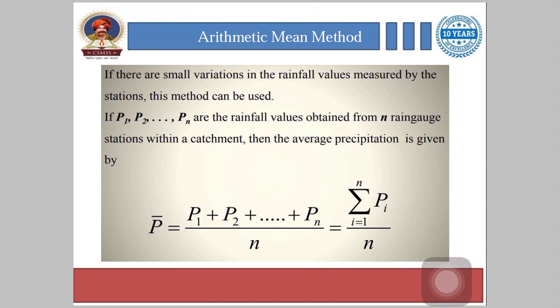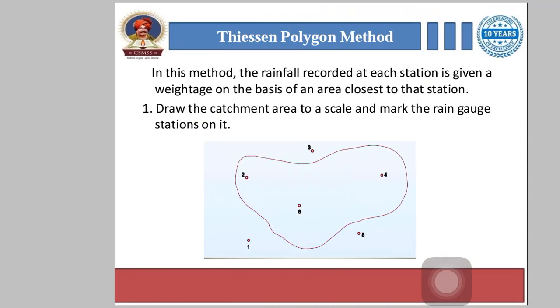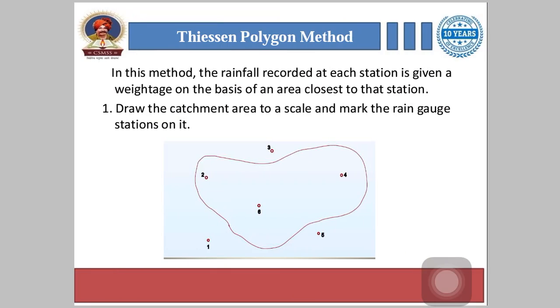So P1, P2, Pn are the rainfall values at respective rain gauge stations, and n is the total number of stations. It does not consider other aspects of the catchment such as area and slope.